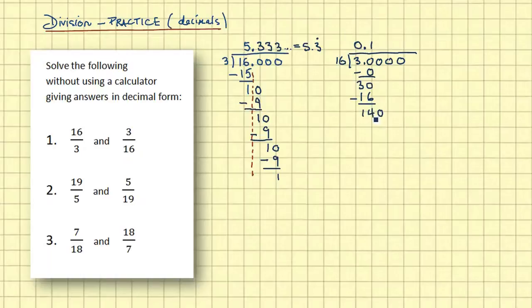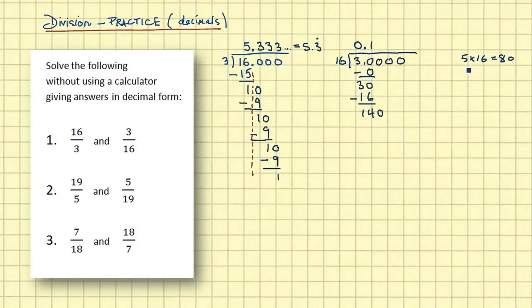Because what we're asking is what times 16 gives us 140 or less? Well, 5 times 16 would give us 80. We know that 10 times 16 would give us 160, so that's too much. So it's going to be something like 8.